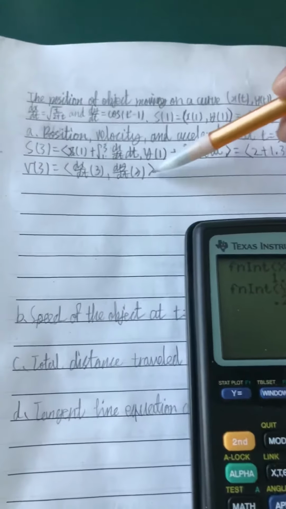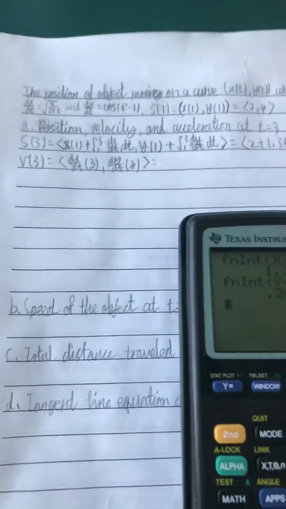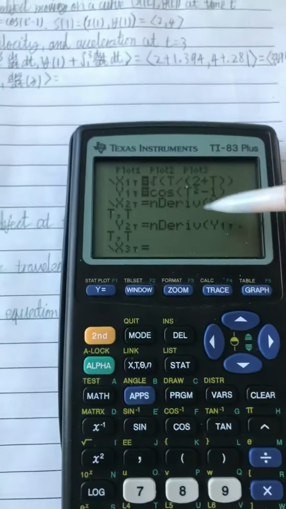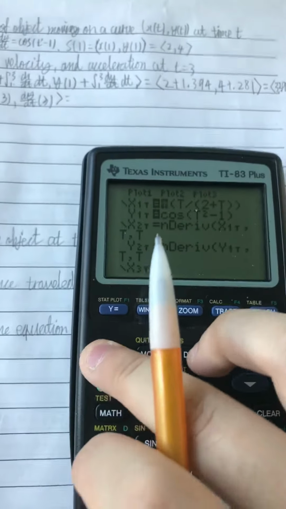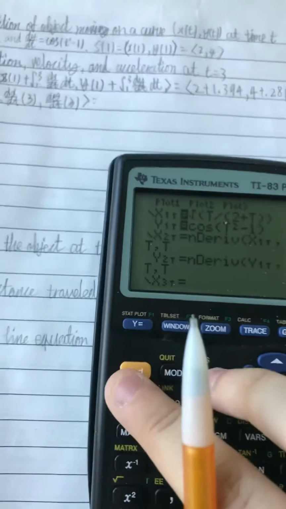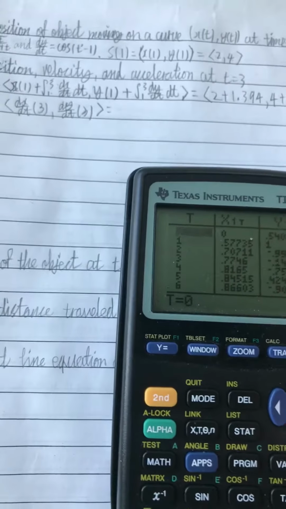Since we are given the equations for dx/dt and dy/dt, let's get back to our calculator and make sure we have the same equations. What we want to do is pull out a table, which is second graph, and that will give us a table.